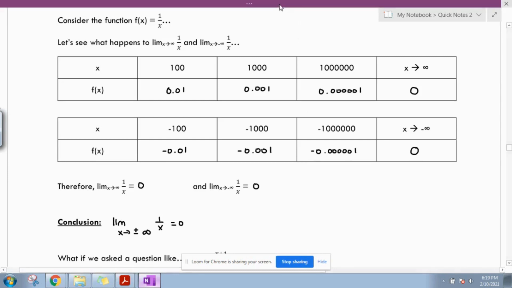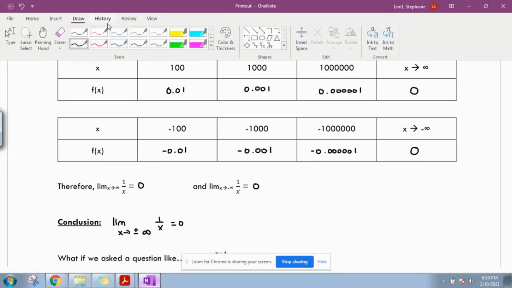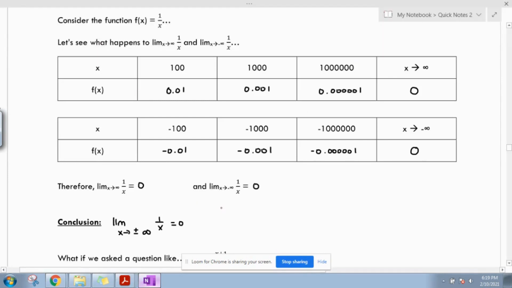Now I want to stop for a quick second and I want you to think about something you've done like this before in advanced functions. We didn't use limits here, but you've done it before where you looked at plugging in a very small number into your rational function and then a very large number into your rational function.